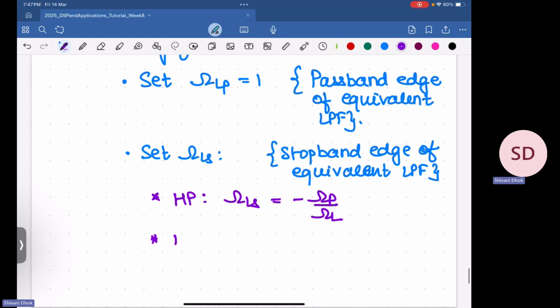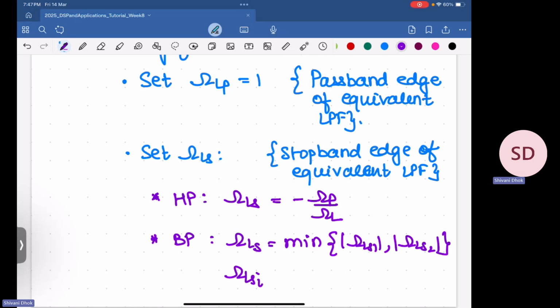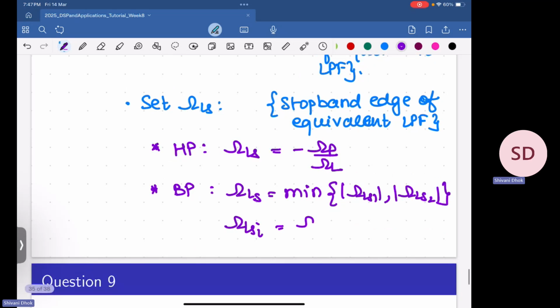and for a band pass filter you set omega LS as min of omega LS1 comma magnitude of omega LS2, where this omega LSi is given by omega Si square minus omega naught square divided by B times omega Si.